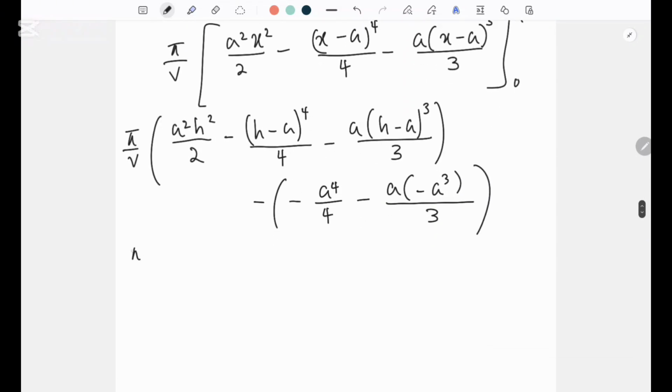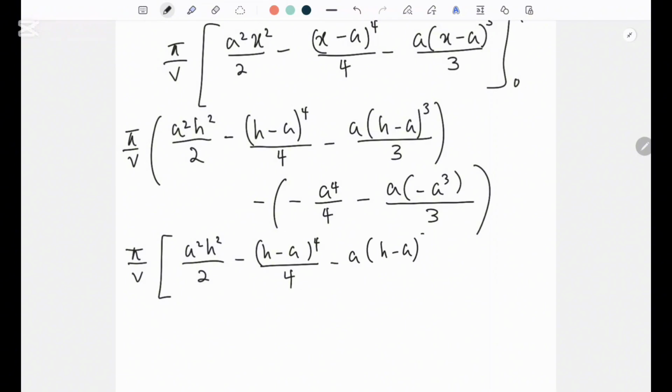So we'll keep pi over v outside. So now we have a squared h squared over 2 minus (h minus a) to the power of 4 over 4 minus a into (h minus a) to the power 3 over 3 plus a to the power of 4 over 4, and it's minus a to the power 3 over 3, right?